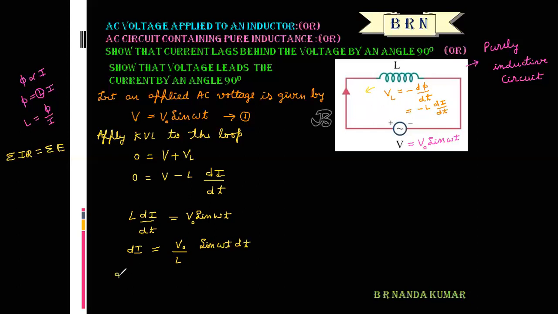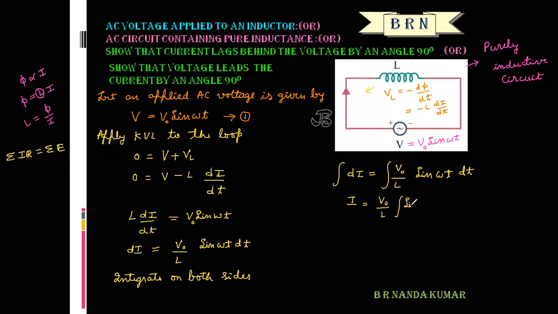Now integrate on both sides, and we get integration of di is equal to integration of V naught divided by L sine omega t into dt. So integration of di is I. V naught by L is constant, so that is taken outside, leaving the integration of sine omega t into dt.